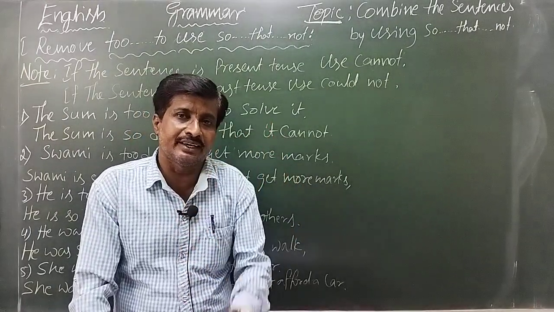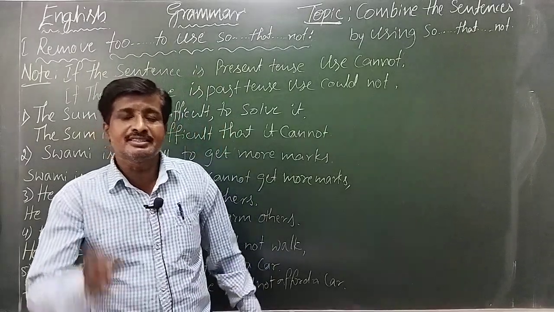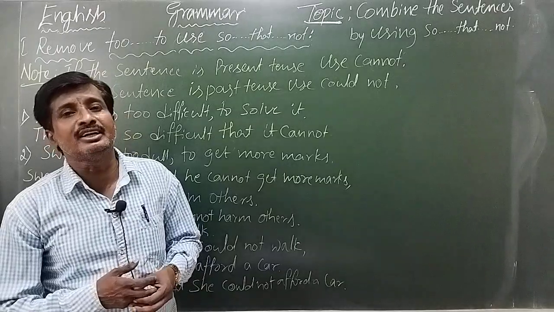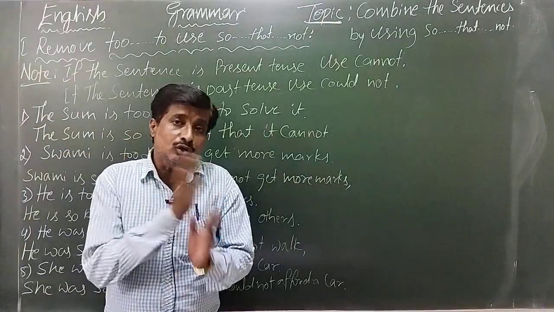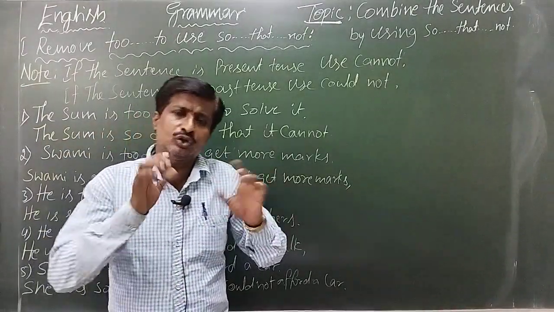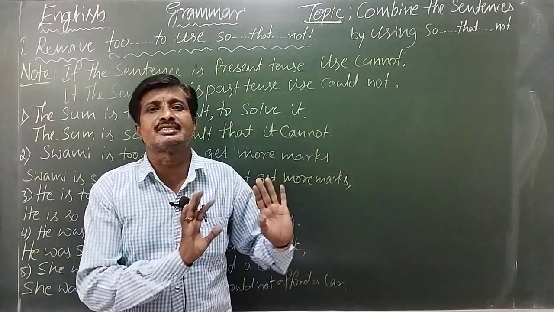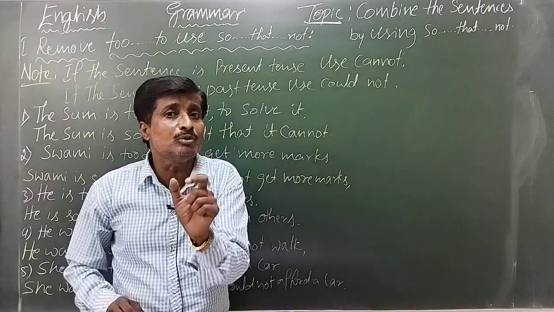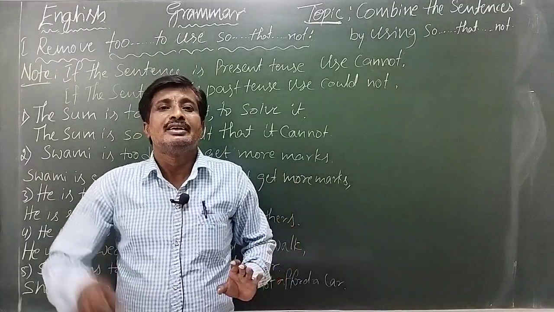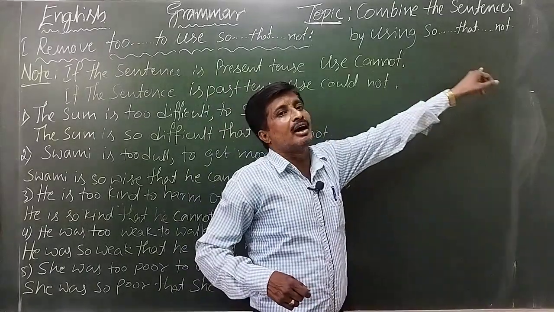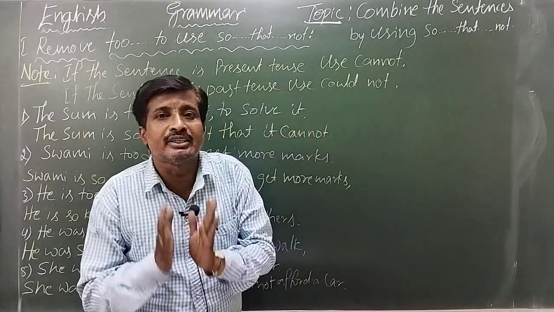But today this is the surprise and wonder, and also it is a special one. We have to remove the too that is already there in those sentences. Instead of too, we have to add so that not.